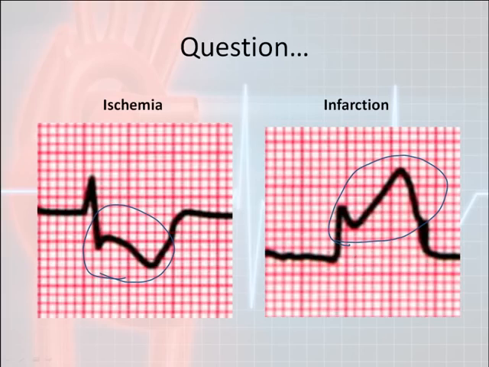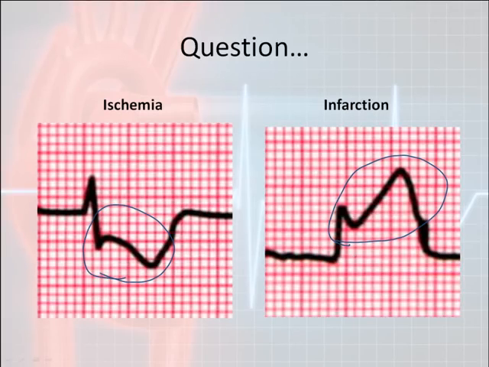I used to be very surprised that a majority of the students raised their hand and said, oh, that's what we heard, that's what it must be. Nowadays, when I still ask that question, I still get a lot of students, but I'm not surprised anymore. For some reason, that educational gem of depression is ischemia and elevation is infarction has been perpetuated.